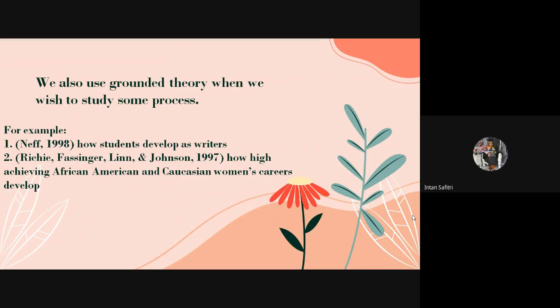We also use grounded theory to study processes. For example, first, Neff, 1998, how students develop as writers. Second, Ritchie, Fassinger, Lin, and Johnson, 1997, how high-achieving African American and Caucasian women's careers develop. Next, please.